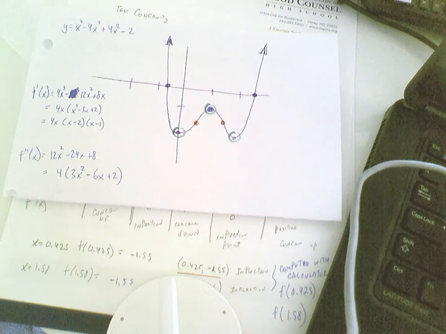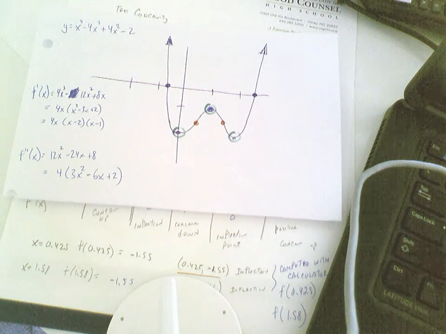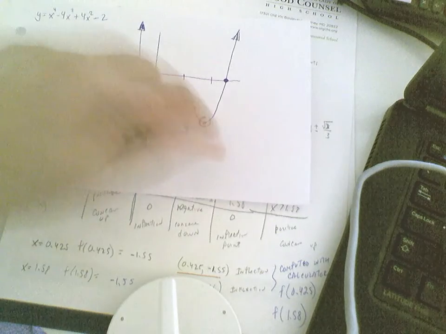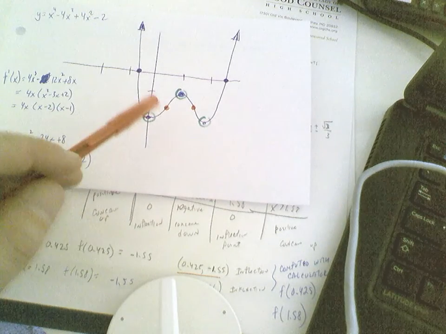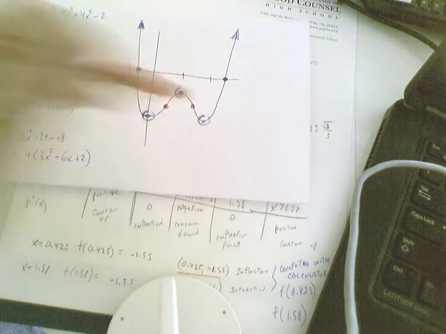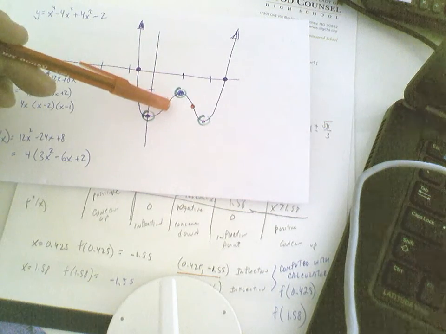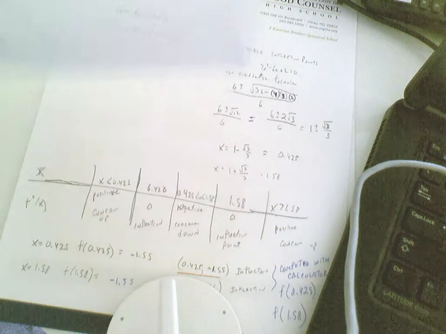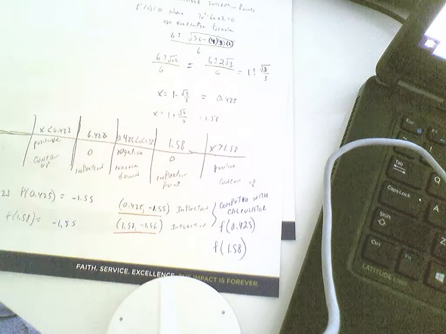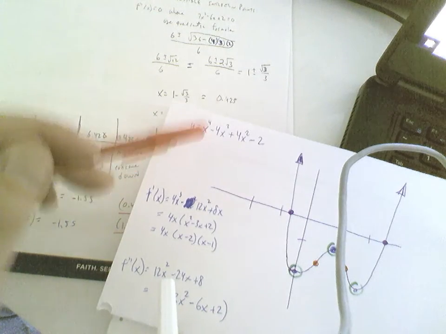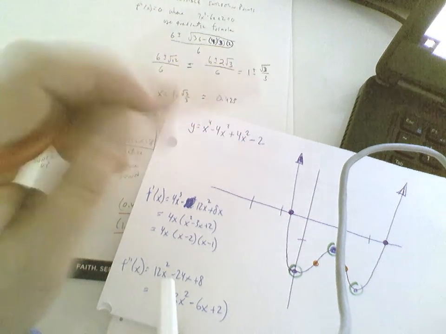And so the last piece of work is now take those two x values where the concavity changes and figure out the exact coordinates. I need to figure out the y coordinate associated with these two red points. And how do I do that? I go back to my original equation. y equals x to the fourth minus 4x cubed plus 4x squared minus 2.